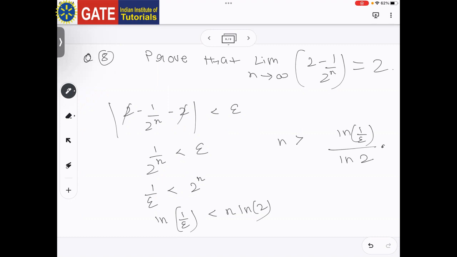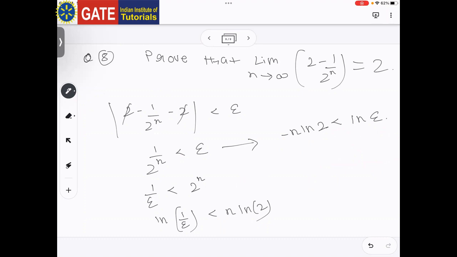Sir, but my answer is ln epsilon by ln 2. I did it like that: 2 raised to the power minus n is less than epsilon. Then I take log, so minus n ln 2 is lesser than ln epsilon.